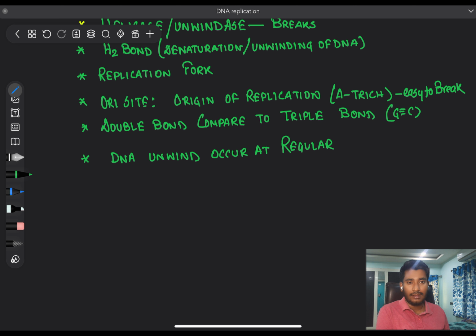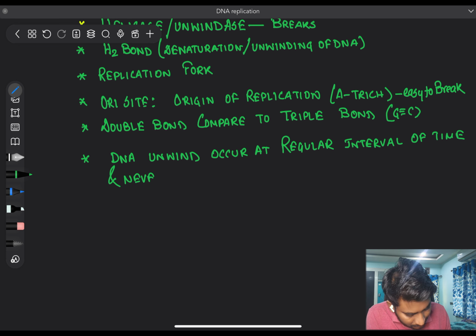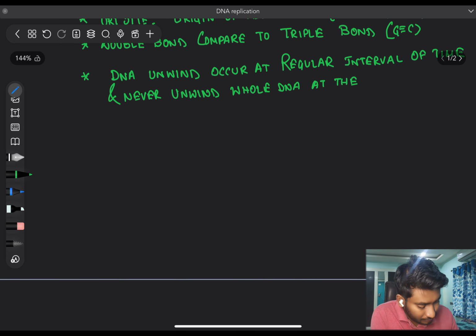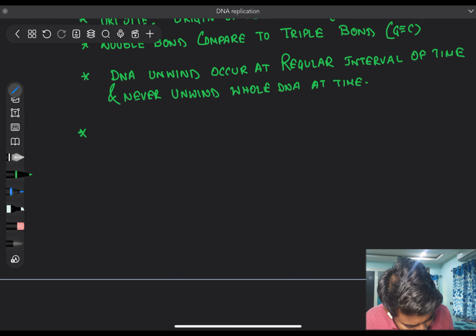It does not happen wherever it wishes; it happens only where it should. At regular intervals of time, and never does the whole DNA unwind at one time.